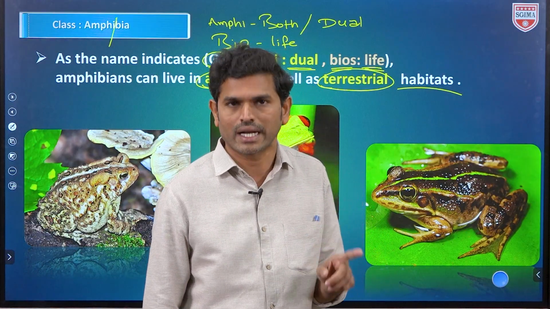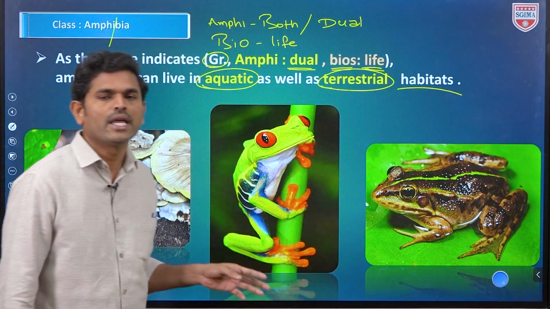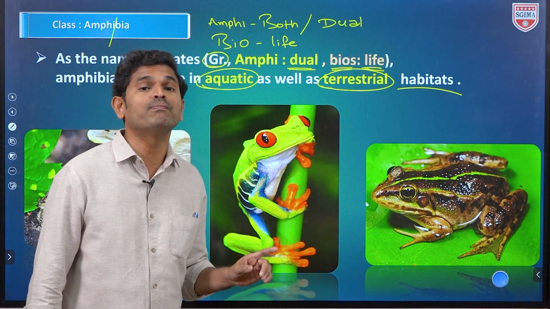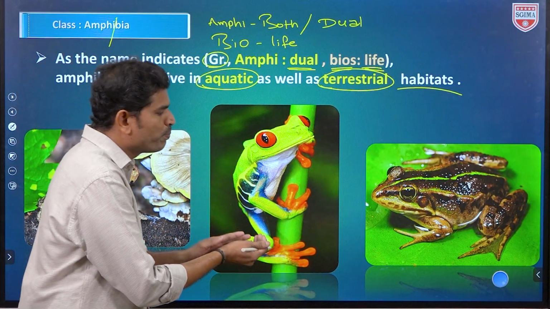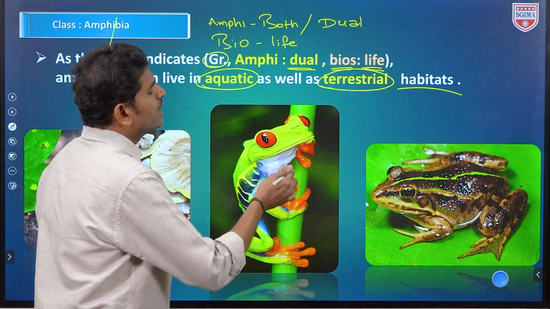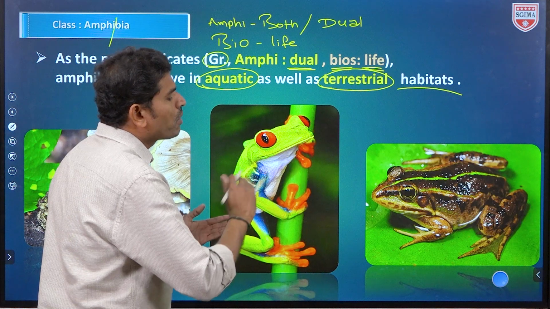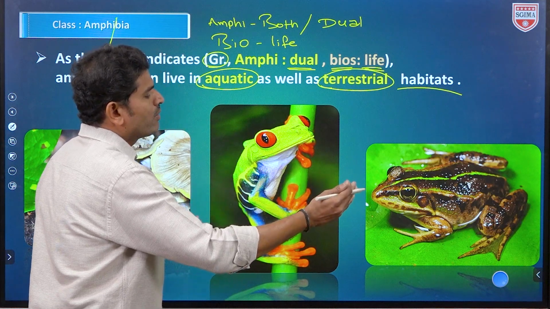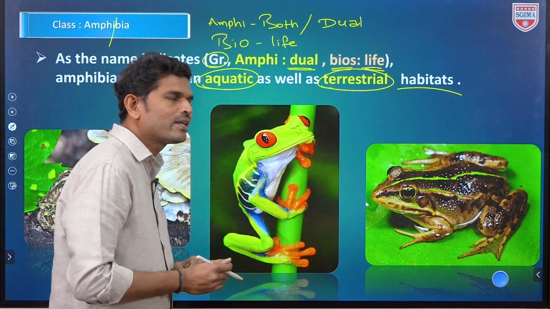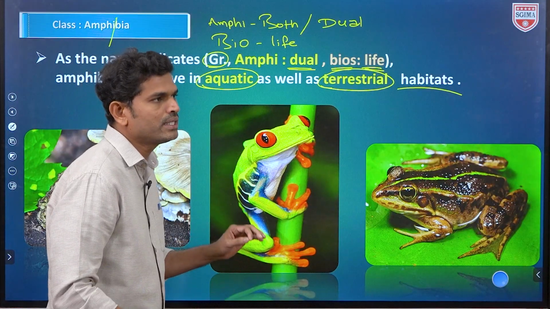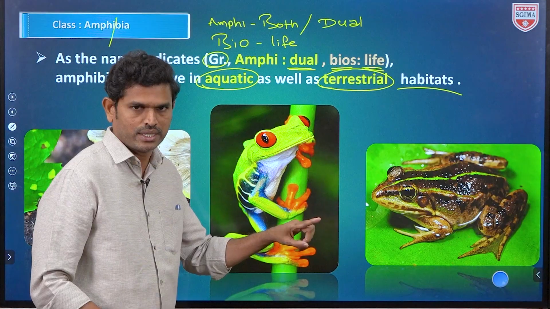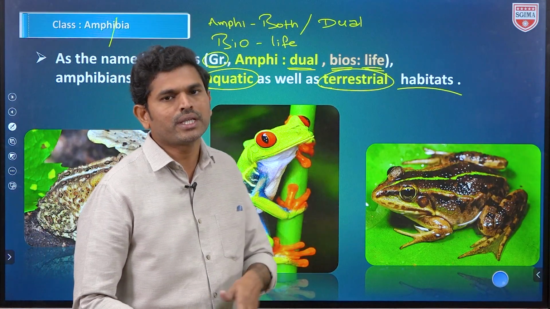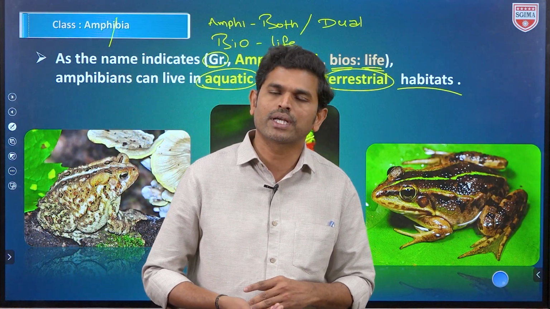But these organisms are considered an imperfect group. Why are they called an imperfect group? Because they have not completely transformed their life to the terrestrial habitat. They are not 100% suitable for terrestrial or land habitat, because land habitat is entirely different from the aquatic habitat.